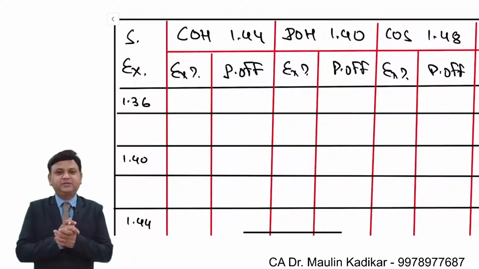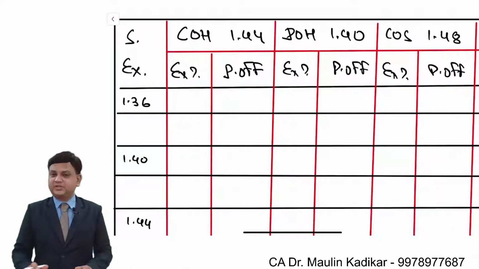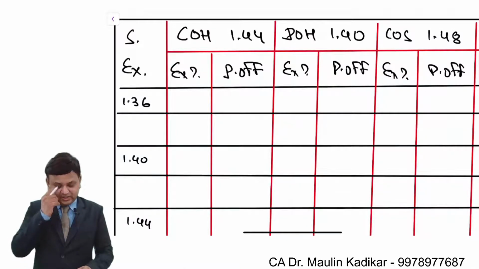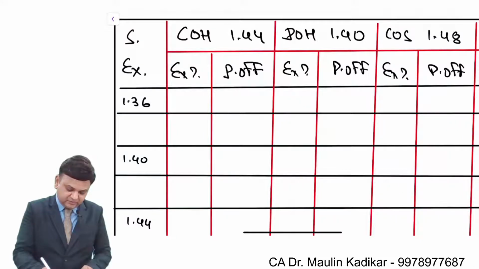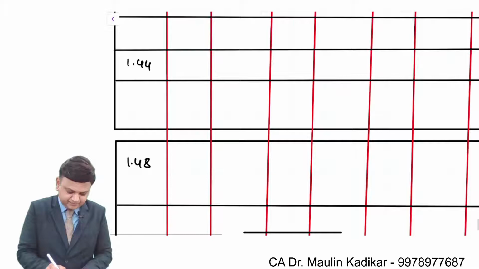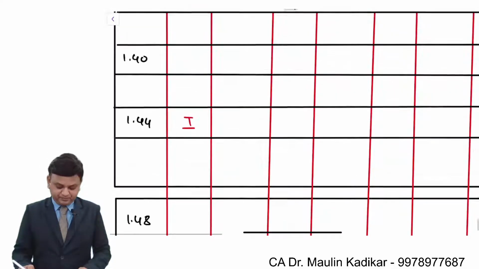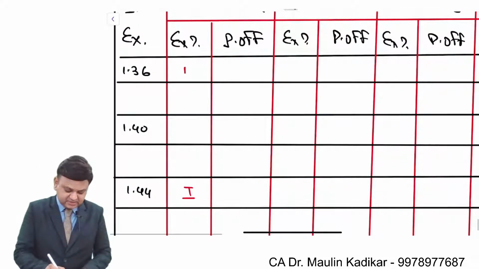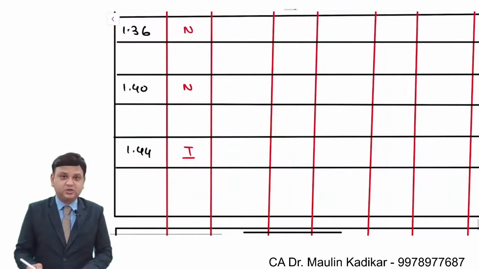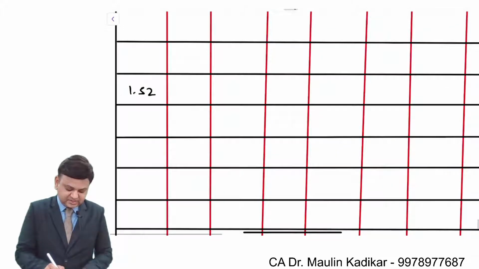Now how to fill up the individual columns, let us see. In my opinion, the remaining portion of the question is extremely simple. Everybody is requested to pay attention now. 1.44 is the exercise price at which I would be indifferent. Why? Because I have purchased the option and the spot and exercise price are same. When the prices are less, you will not exercise your call option. When the prices are more, you will exercise your call option.